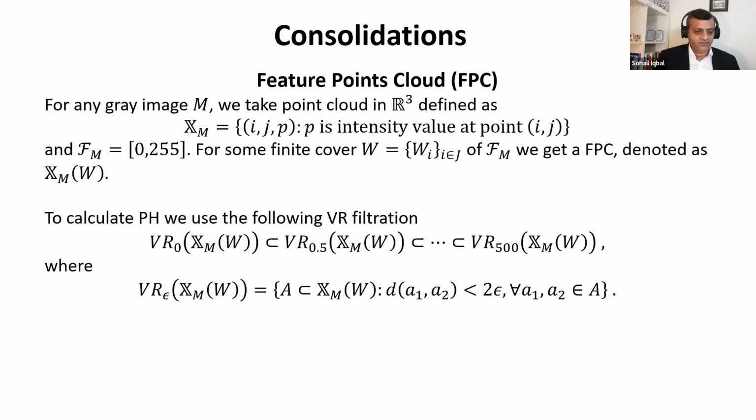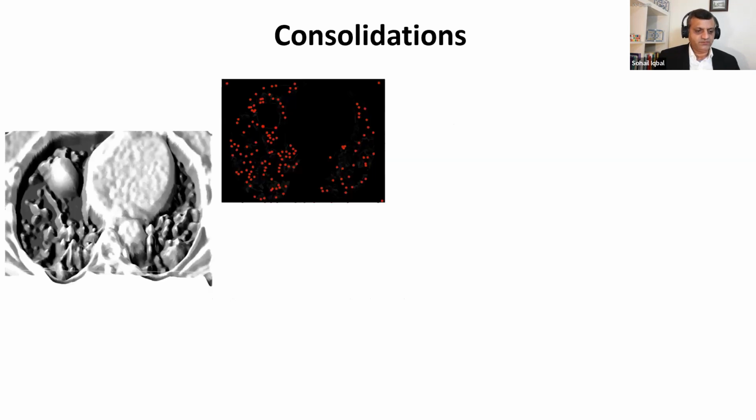Okay, and then from here we have this Vietoris-Rips filtration, and the upper bound is taken to be 500. That's our infinity, and using this filtration, we can calculate the persistence diagram. So let's have a look at one example. There are different stages of the intensity.